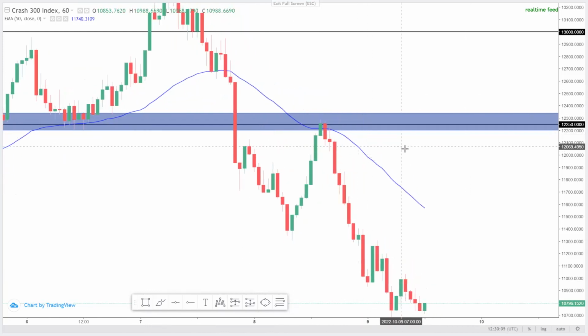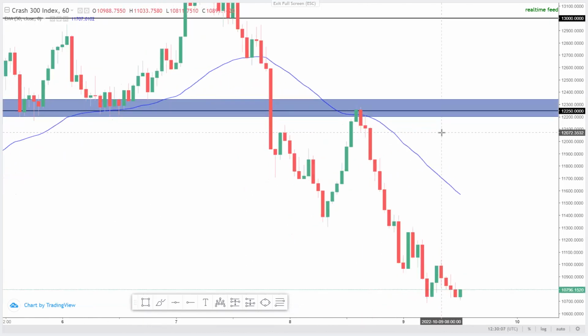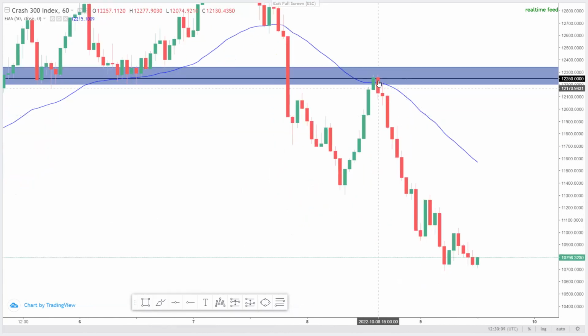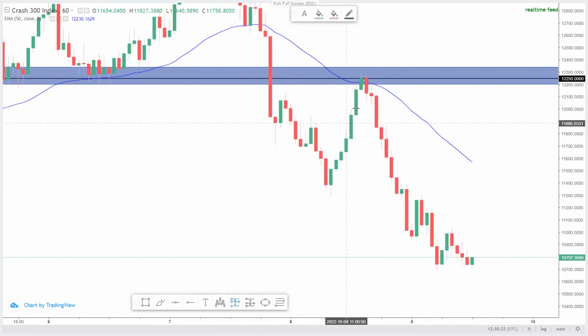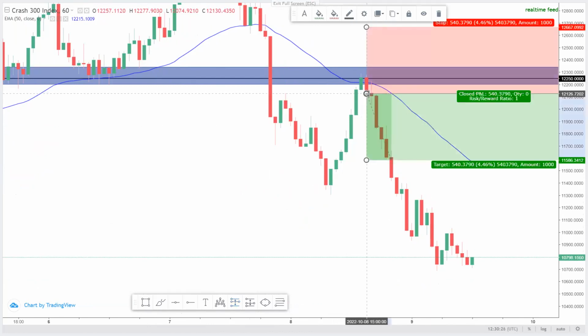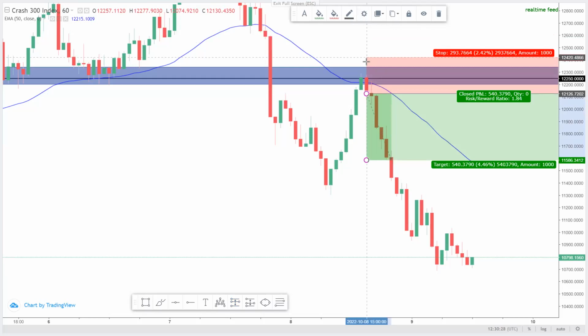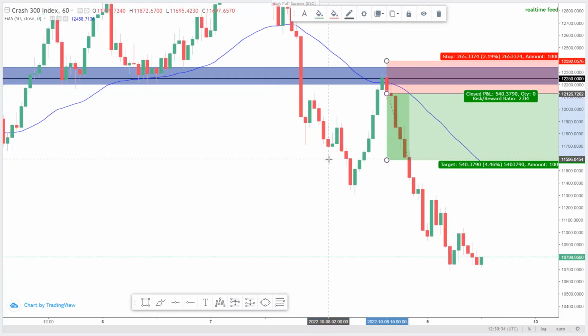And then our entry confirmation here was this bearish engulfing candlestick right here. That was the confirmation we had to go short on Crash 300 Index. As soon as we had the bearish engulfing candlestick, we had our entry. Stop losses were slightly above the zone.